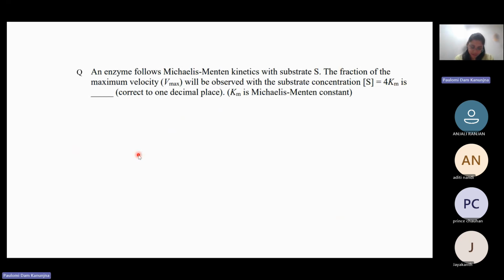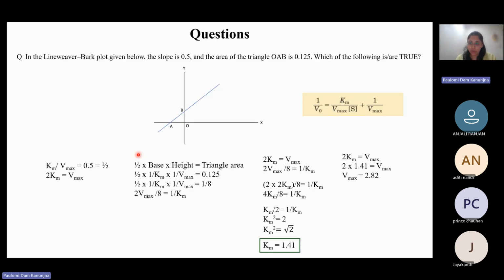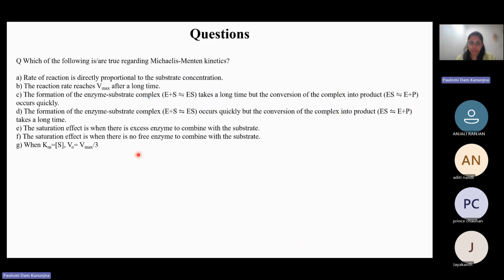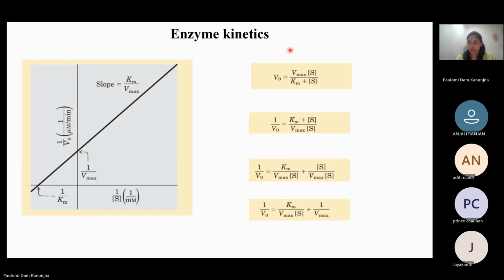You know the equation. You just need to substitute one value for the other. If you are confused with the equation, let me put you to the original form, this one. This, as I said, you need to remember.